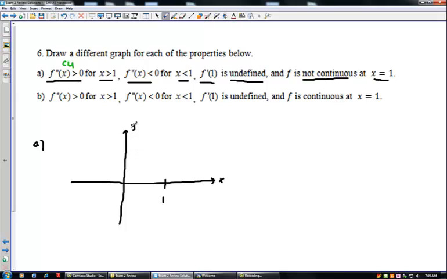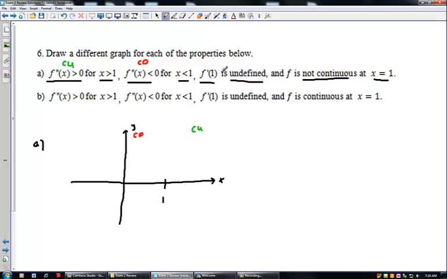And I know that when x is bigger than 1, this graph needs to be concave up. So I'm going to write CU over here. Whereas it's less than 0 when x is less than 1. So I know that the second derivative, when it's negative, it's concave down. So it's going to be concave down to the left of 1, so over here.